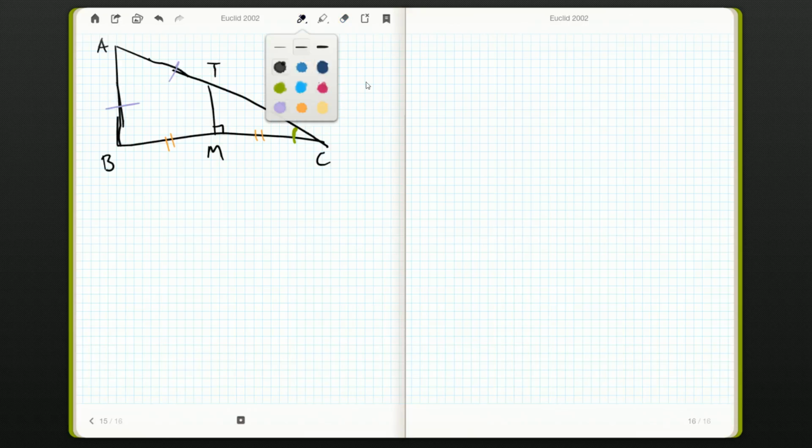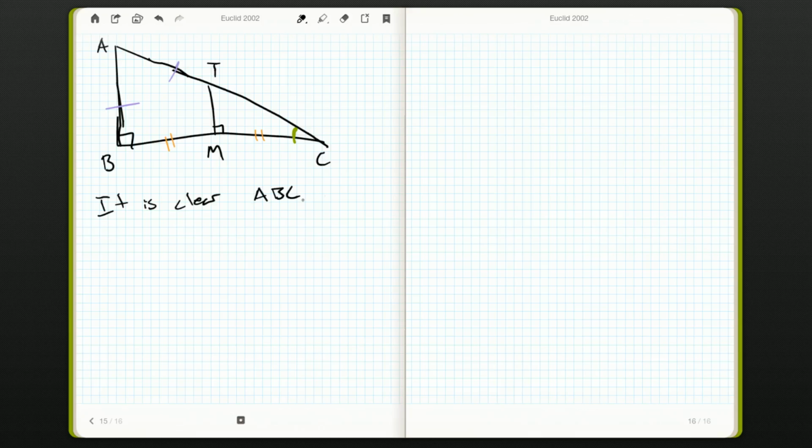Okay. So the first thing I'm noticing is, right angles here and a common angle at C. We must have similar triangles. So I make sure triangle ABC is the same as, keep the order right, TMC. They're similar, not congruent, just similar. Well, if they're similar, then that means their side lengths have a common ratio.